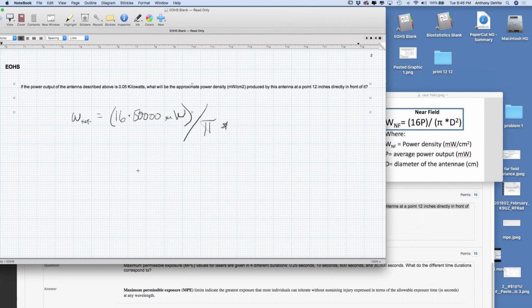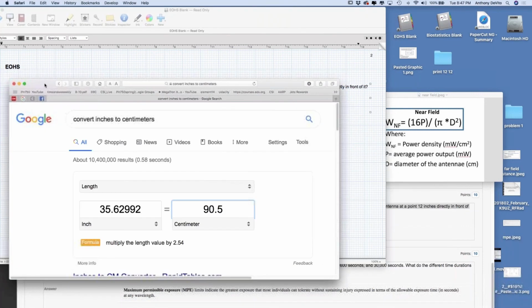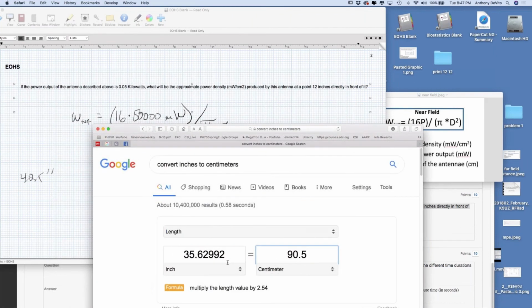Now, the diameter was in inches. I think it was 40.5 inches. If I'm wrong on that, just chime in in the chat box and I'll correct it. I'm going to convert inches into centimeters, because those are the units we have to work with.